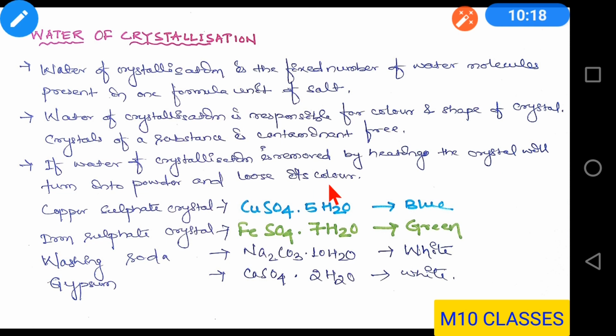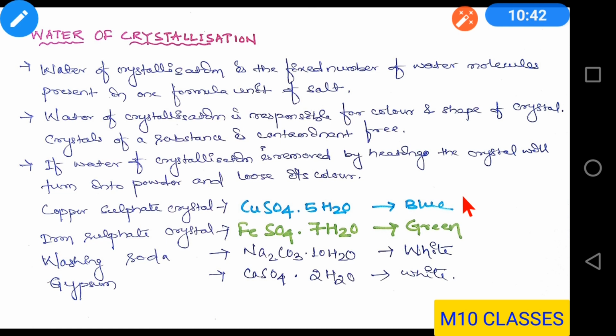We will see that experiment. Now there are examples of some crystals. See here, copper sulfate CuSO4 5H2O. So its formula unit of the salt contains 5 molecules of water. It is blue in color. Iron sulfate crystal or ferrous sulfate crystal contains 7 molecules of water and its color is green.